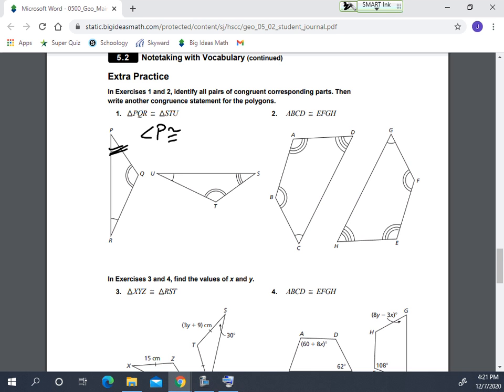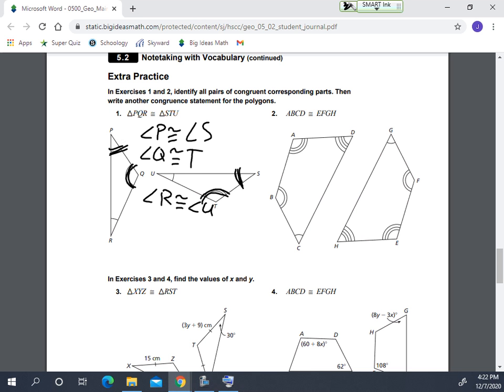What other angle over here has 3 marks? It's angle S. Okay. Angle Q, it's congruent to, well, this one has 2. What other one has 2? Angle T. And angle R is congruent to angle U.